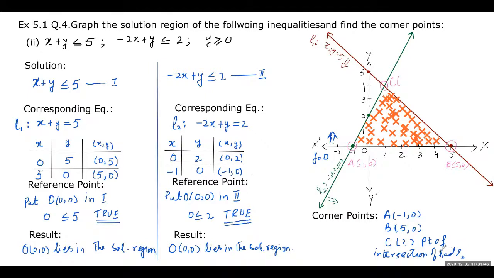This is what I'm going to do now. I'm going to calculate C. That is why we have written the names on the lines. You can see this point C is the point of intersection of these two lines, L1 and L2.